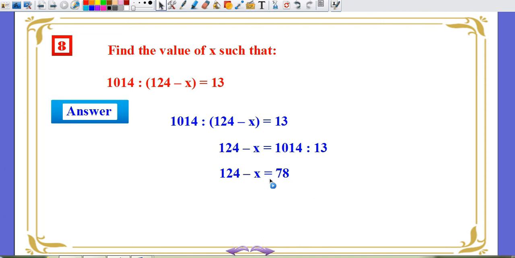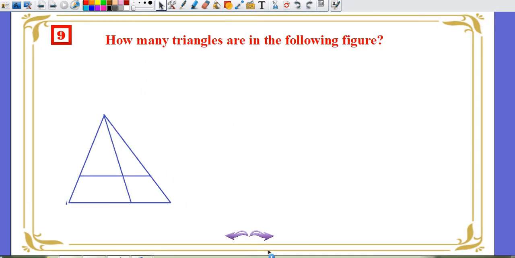To find the value of x, which is the subtrahend, we take the minuend minus the difference. So x equals 124 minus 78, and we get x equals 46. We have finished exercise 8, and now we move on to exercise 9.